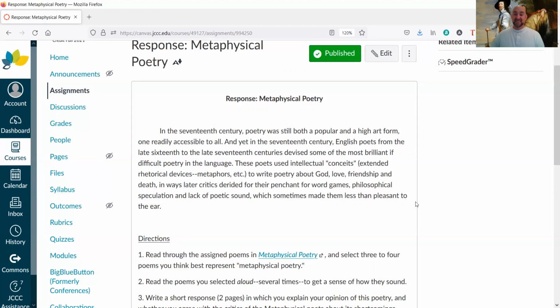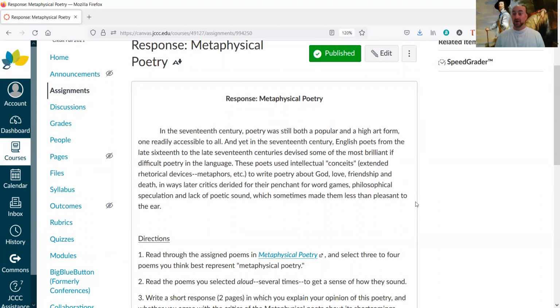They use what are called intellectual conceits. They use extended rhetorical devices like metaphors and similes that go on for an entire poem to discuss big intellectual subjects, God, love, friendship, death, in ways that later critics didn't tend to like very much. Especially in the 18th century, they thought this stuff is weird.